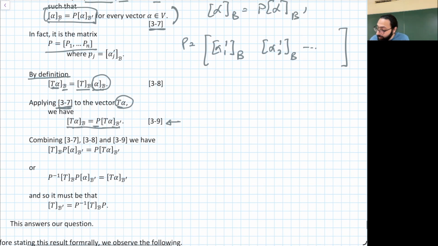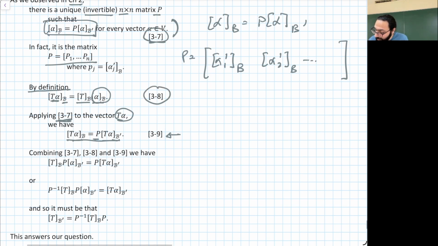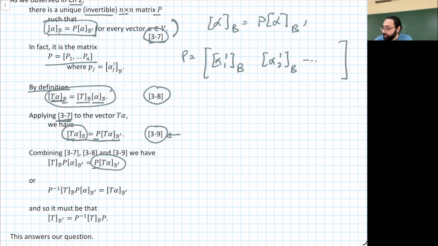All right. And now what we're going to do is combine 3.7, 3.8, and 3.9. When we combine them, on the right hand side, we substituted T alpha in B with P times T alpha in B prime. Is this step clear?